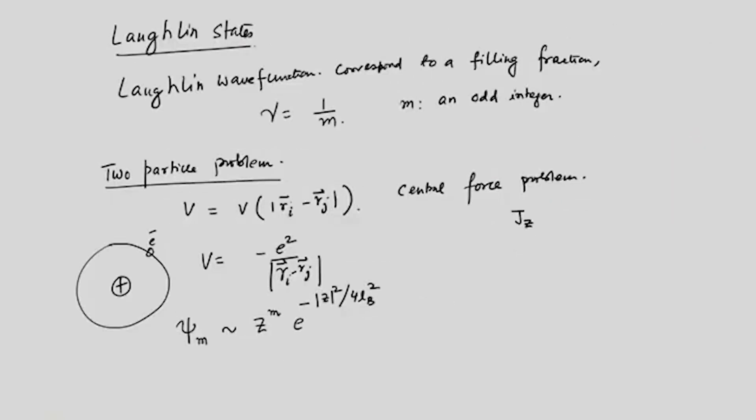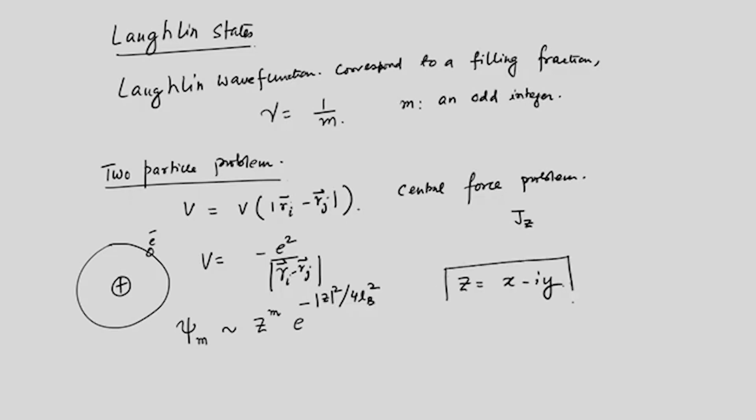Okay, so this is the wave function that is relevant for us. So this is a generic wave function for a two particle problem in a central potential, that is Coulomb potential. Coulomb is an example of the central potential, and we write down the wave function with m as a good quantum number. Z is of course a complex coordinate which is equal to x minus iy.